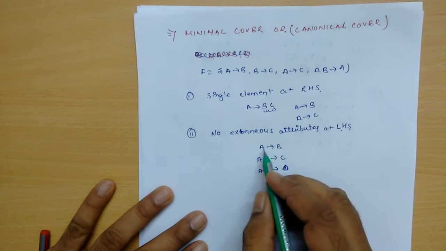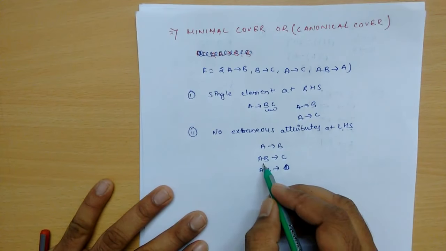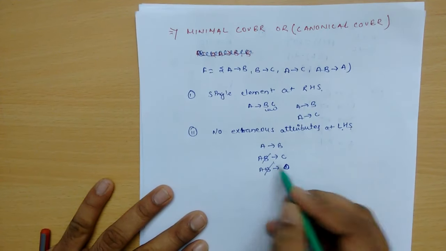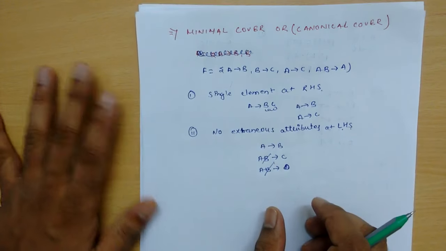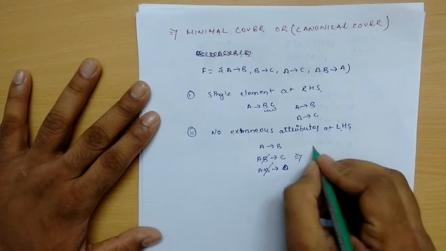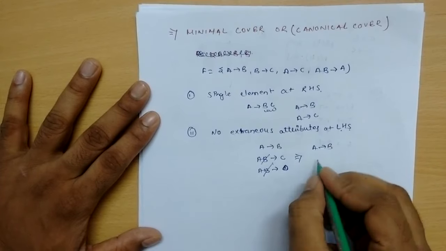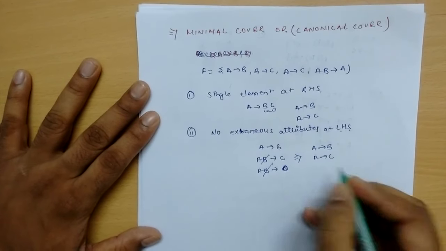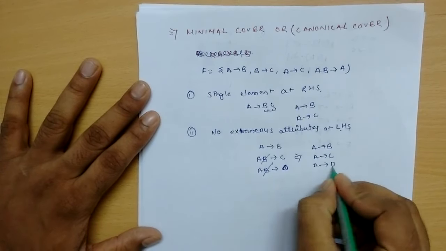We can see here that A can determine B, which means B is extraneous here. So there should not be any extraneous attribute at the LHS. We can rewrite it as A determines B, A determines C, and A determines D.